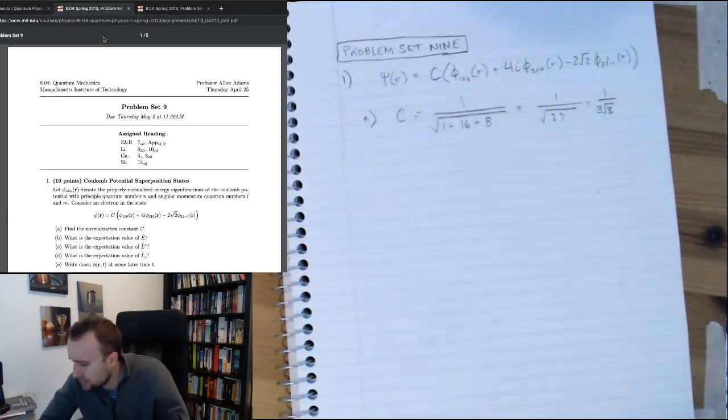I think that's right, because these are just a superposition of linear states, so when they square, they all have to add up to this.